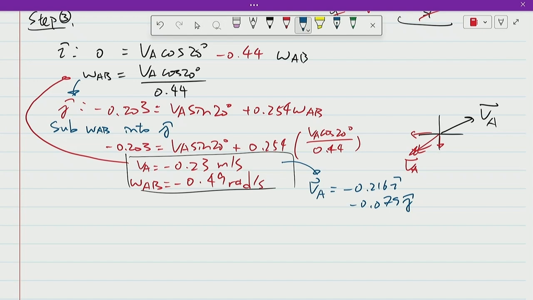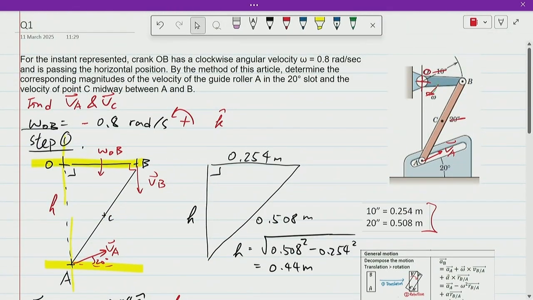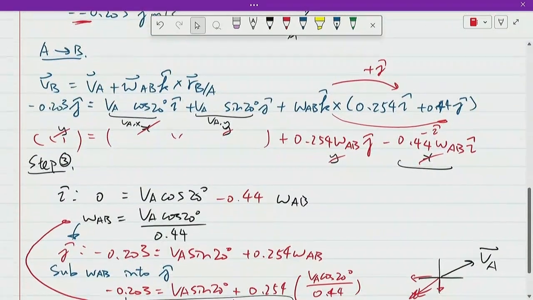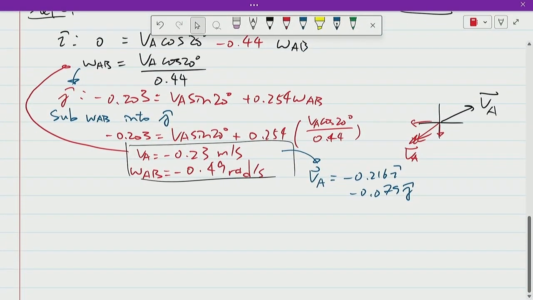So if you think about the system, it does make sense that if VA is actually going downward, your BC is also going to rotate clockwise, similar to your OB, and negative checks out. Yeah, if it's positive, then A would actually move upward instead. Correct, yep.